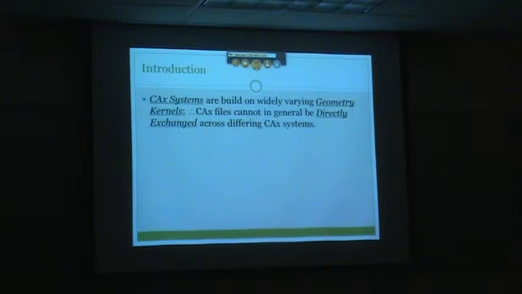And generally you cannot move a model from one system, brand X, to another system, brand Y, and have it retain all of the information, hang on to all of the strategic attributes, parameters, history tree, all of that kind of stuff.